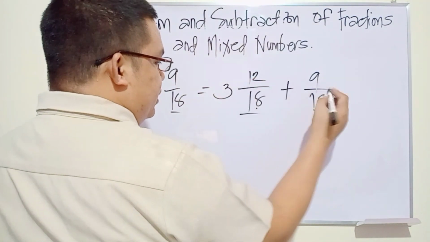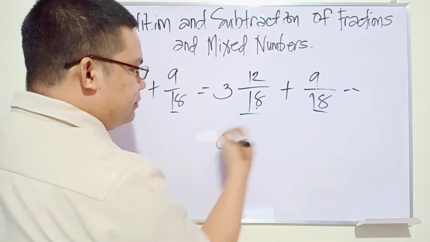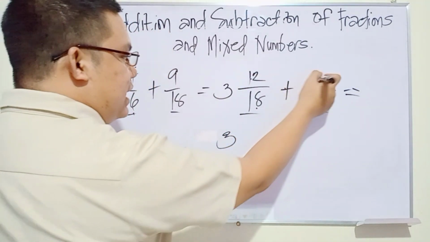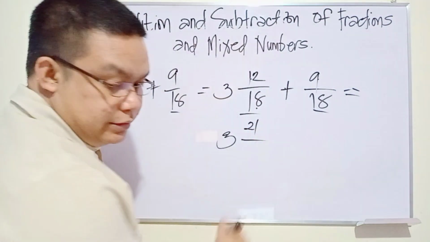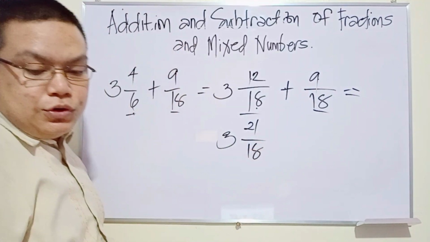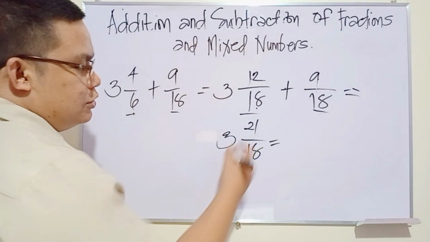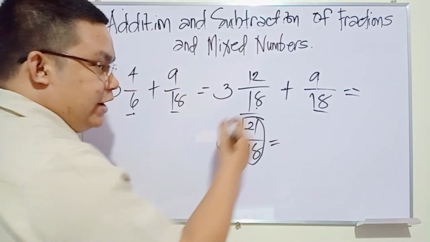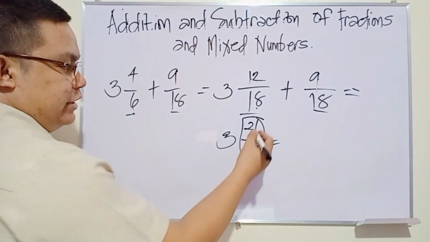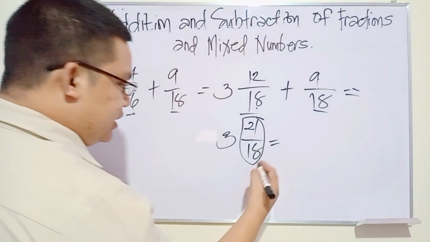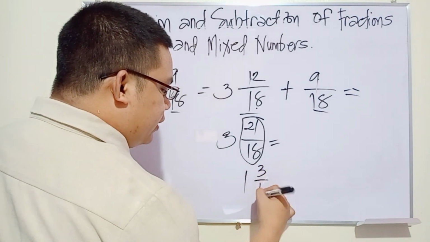So, copying its whole number, which is 3, 12 plus 9 is equal to 21 over 18. So, 3 and 21 over 18, since yung 21 over 18 ay improper fraction, can be reduced into 1 and 3 over 18.